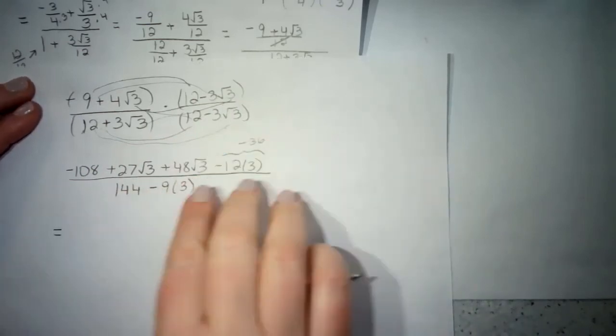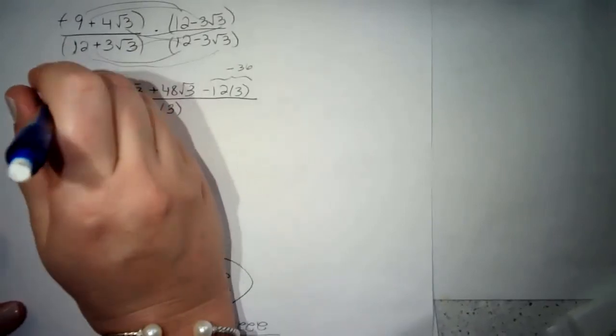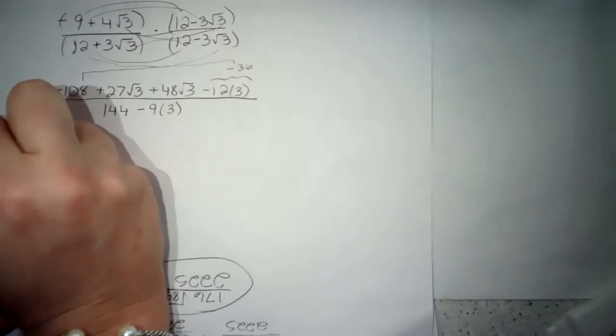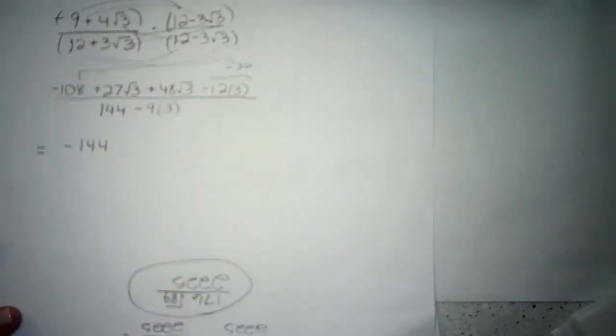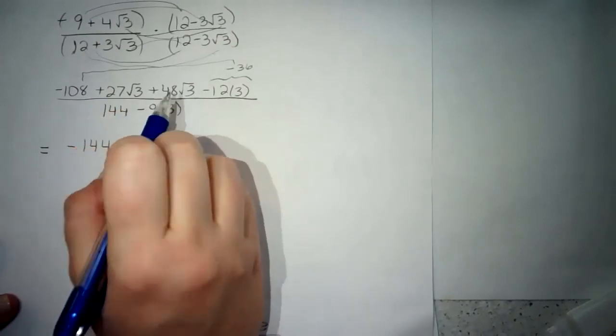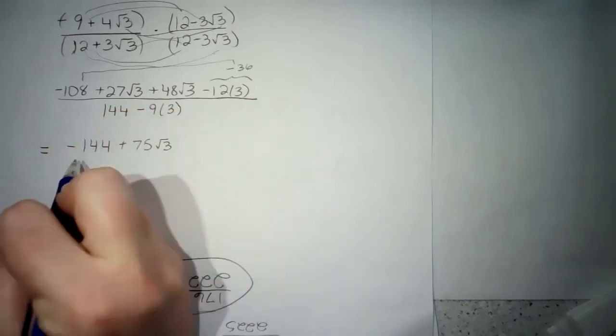Okay. Never ending. Here we go. Okay, let's see. So if I have negative 108 minus 36 is negative 144. Then if I do 27 root of 3 plus 48 root of 3, I get 75 root of 3.